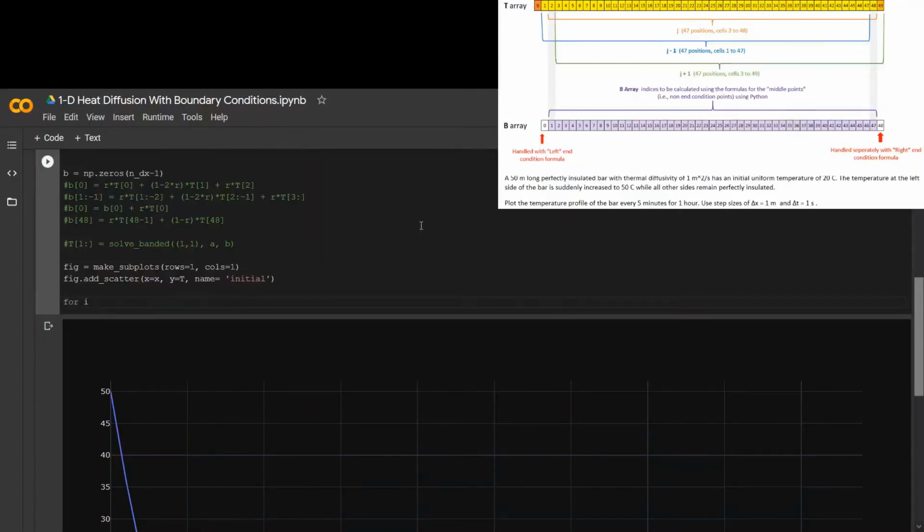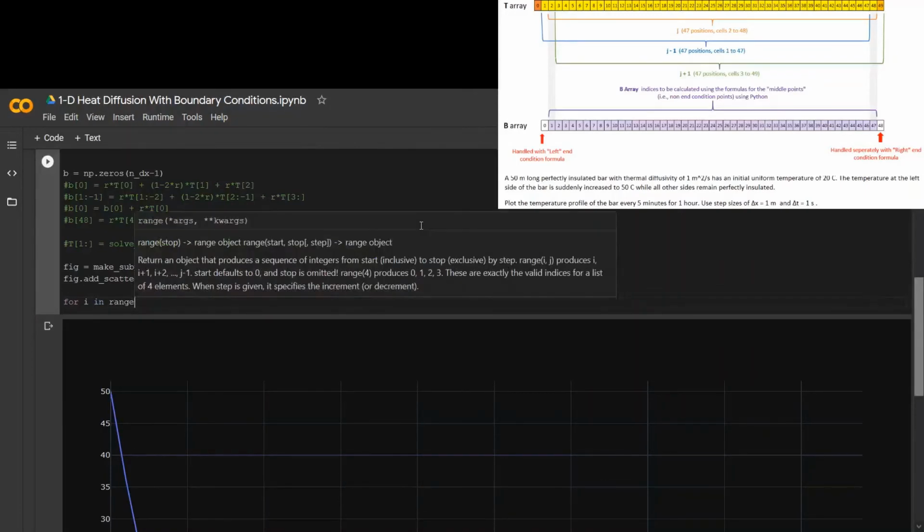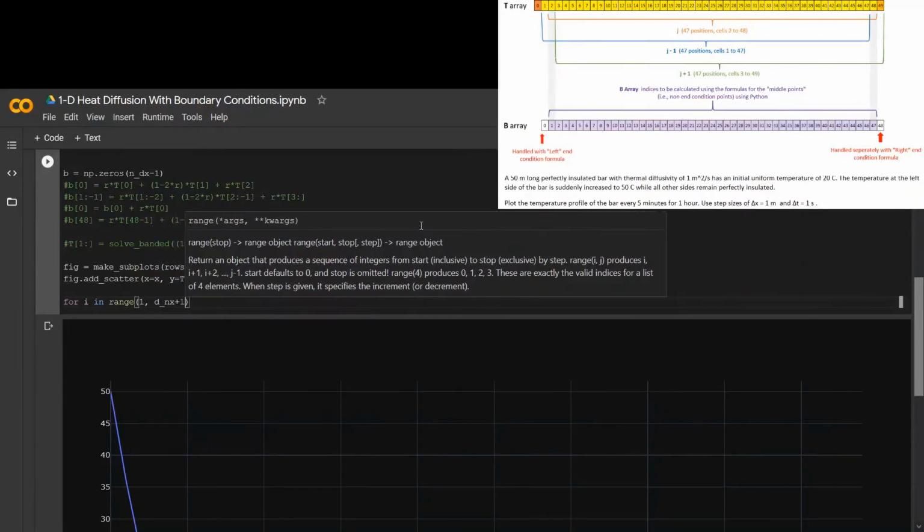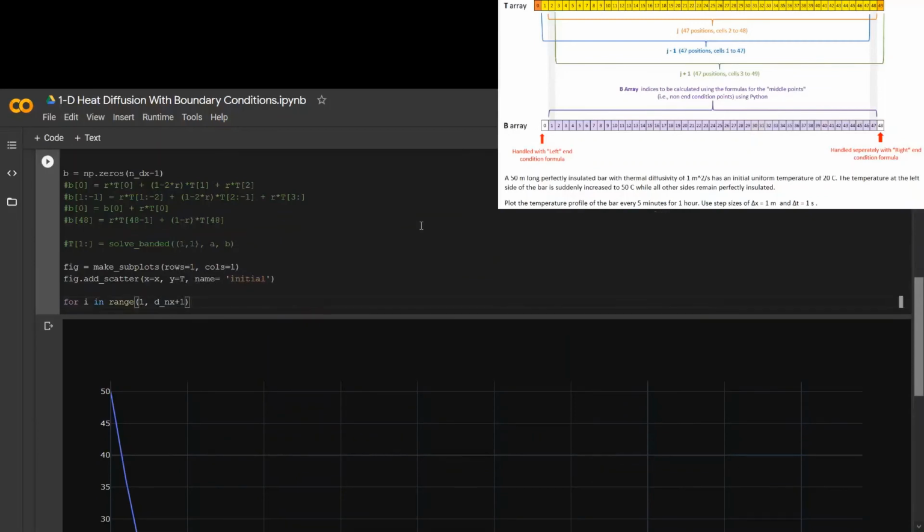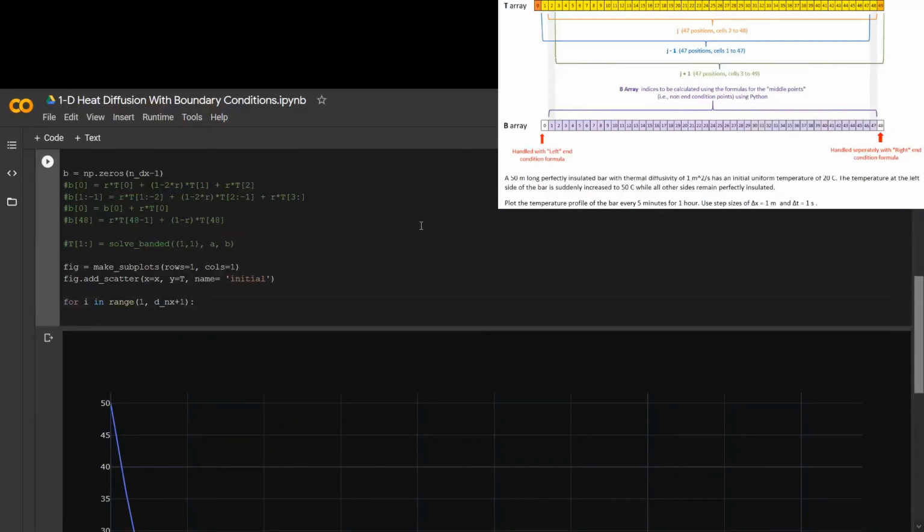So let's make a loop. So for I in range, start, stop. So we want to go 1, and then our number of x is +1. Oops, get a colon in there. Okay.